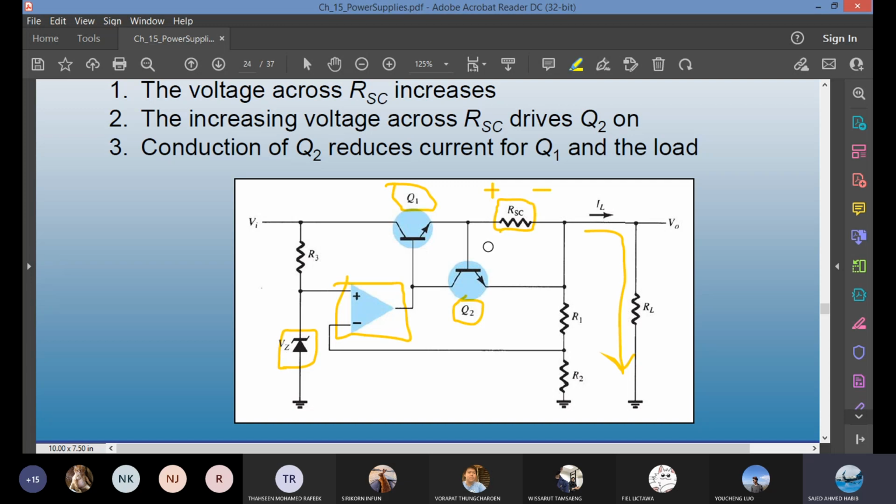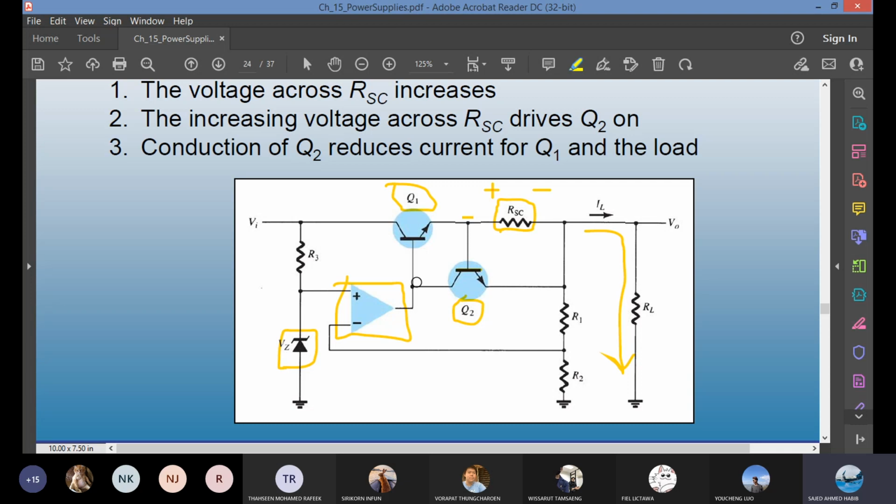When it increases, what is going to happen? As you can see, the connection here with the base of transistor Q2. The increased voltage across RSC means increasing current flow, which turns on the Q2, the second transistor.